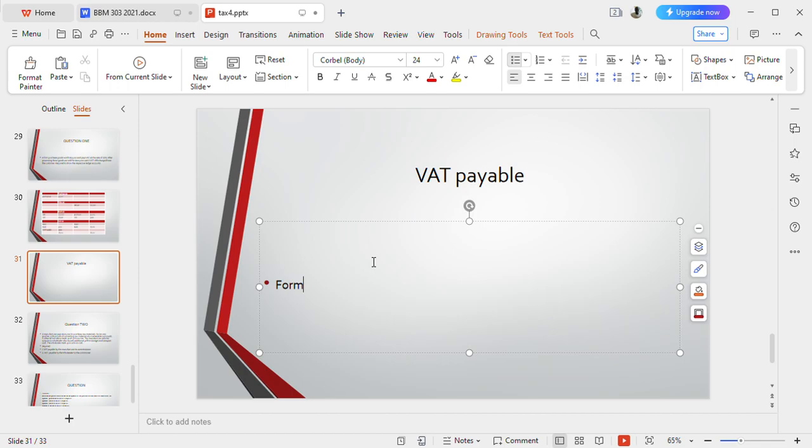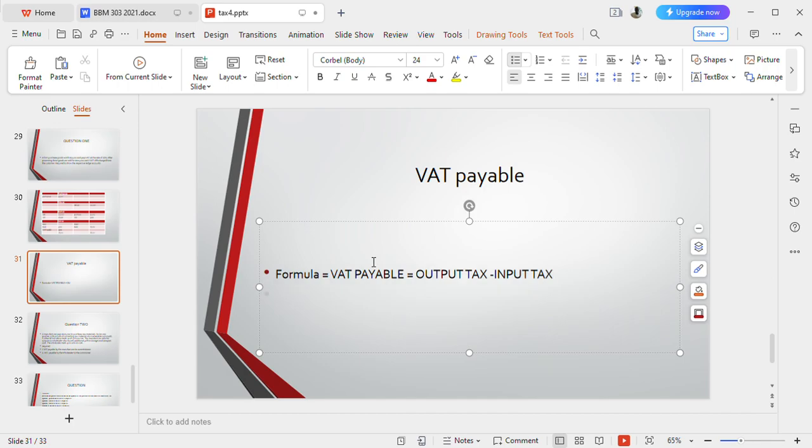So the formula is VAT payable equals output tax minus input tax.